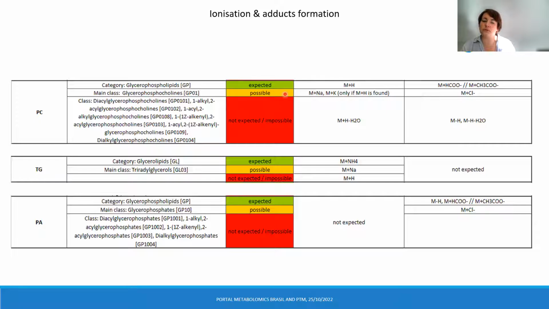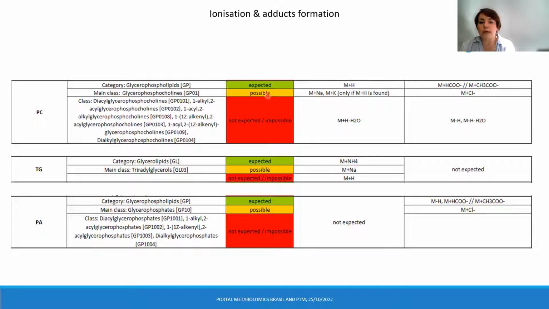So there are some conditions to be met to accept some adducts, some ions, and which forms are rather impossible or not expected. We did that for positive ion mode and for negative ion mode. Different tables were created depending on what modifiers we use, because of course if we use formic acid, we will expect formate. If we use acetic acid, we will expect acetate, and so on and so forth.